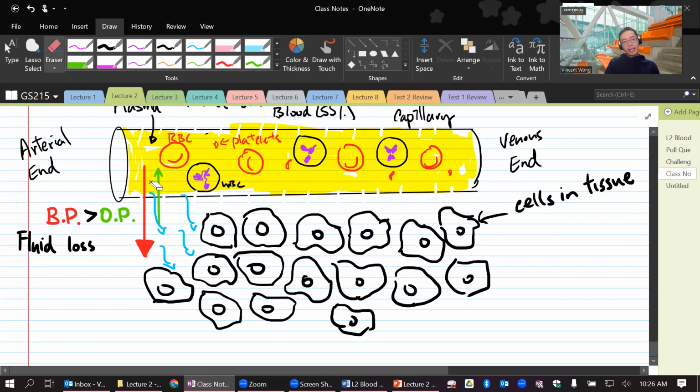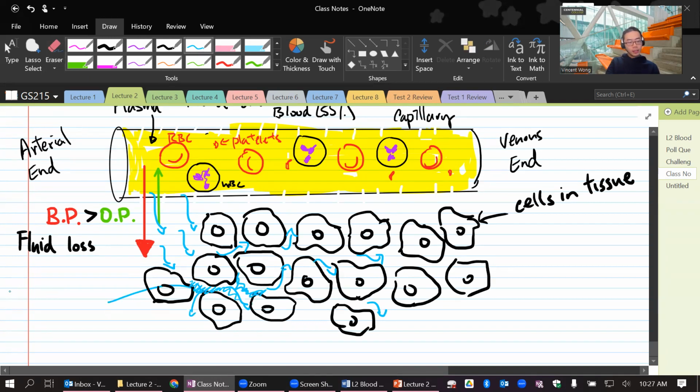Now, this fluid that leaked out is going to fill the space between the cells. Okay, so these fluids that now exist between the cells have a name.